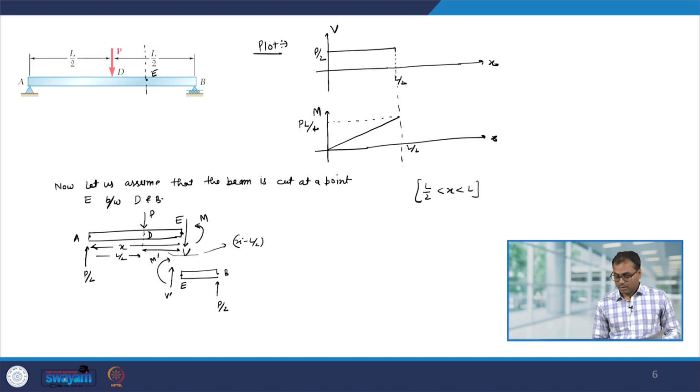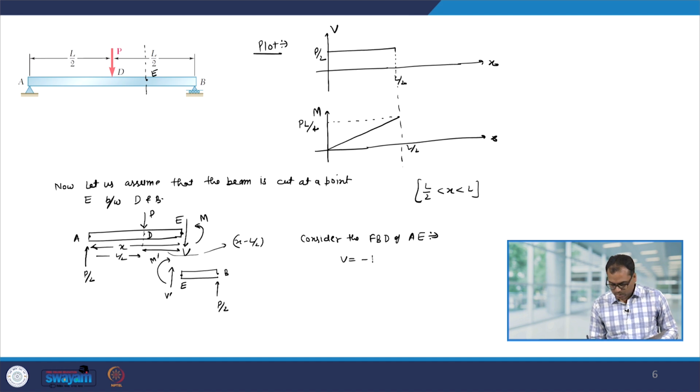Okay. Now, consider the free body diagram of AE. So, you can clearly see that V should be minus P by 2, because we have force V here and then we have force P and this force is P by 2. Therefore, V will be minus P by 2 from summation Fy equal to 0.